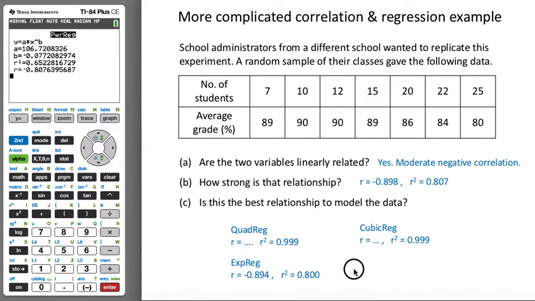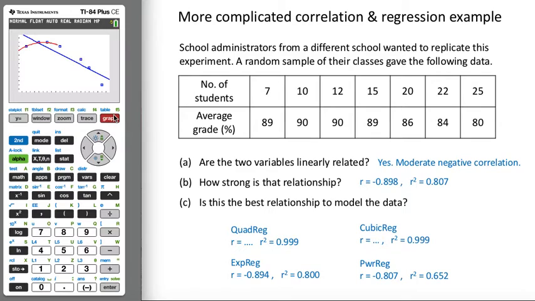Okay, and we get a much lower R value than before actually. And what does it look like? Well, those two are the best. It's quite nothing like what the points are, so that's quite disappointing. So is it the best relationship? No, a cubic or a quadratic would be much better.